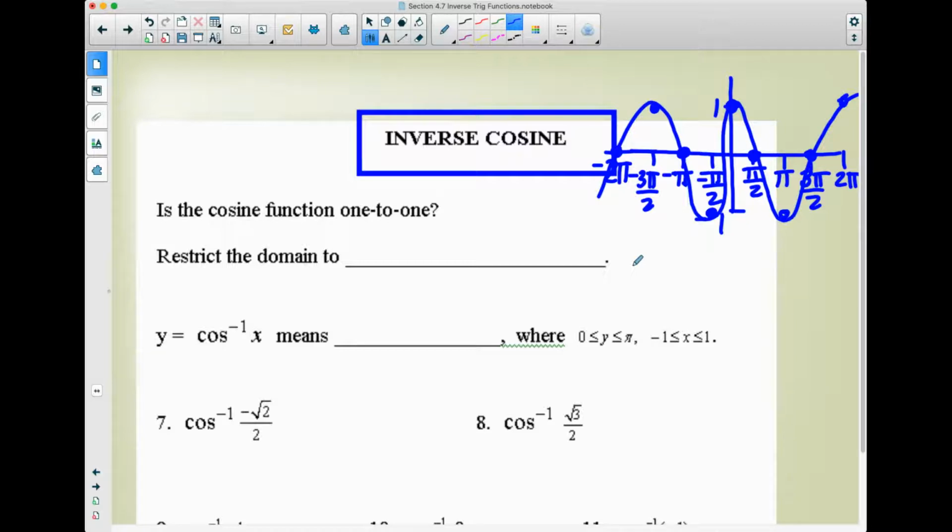All right, hopefully yours is drawn better than mine. It's kind of like squished off to the side there. Where does it look like we can cut off our domain so we remain in our restrictions? And it's 1 to 1.